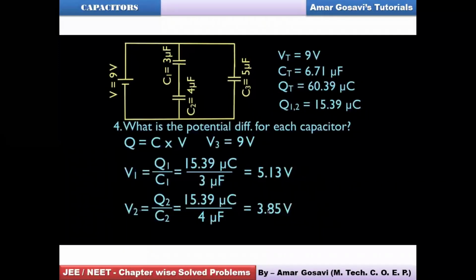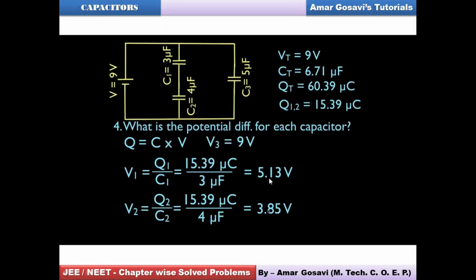Next, the fifth part. What is the potential difference across each capacitor? We all know V3 is 9. Why? Because whatever the potential across the total circuit is, it would be the potential across C3. Therefore, V3 is directly 9. But what about V1 and V2? V1 will be Q1 by C1. We know what Q1 is and we know what C1 is.